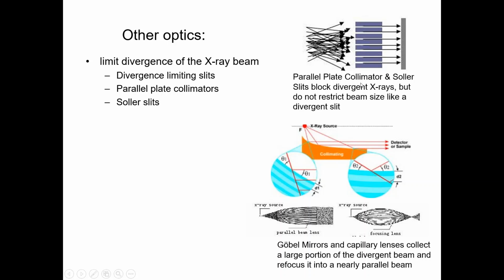These parallel plate collimators and Soller slits block the divergent X-rays, but they do not restrict the beam size like a divergence slit.